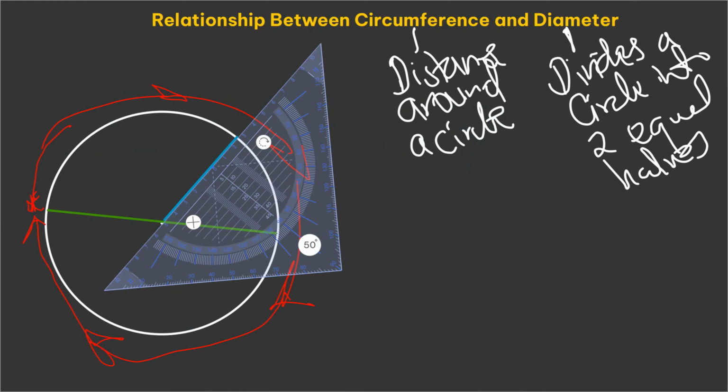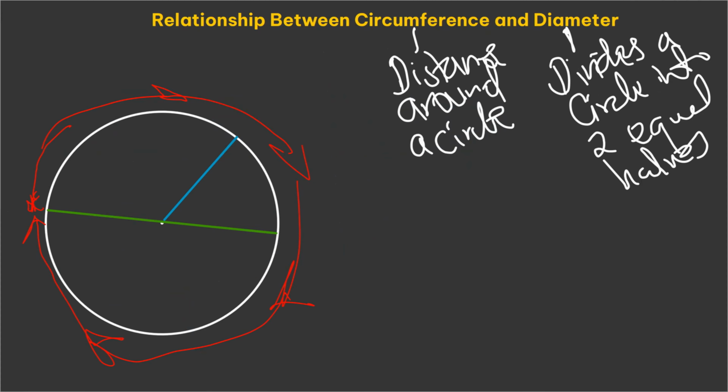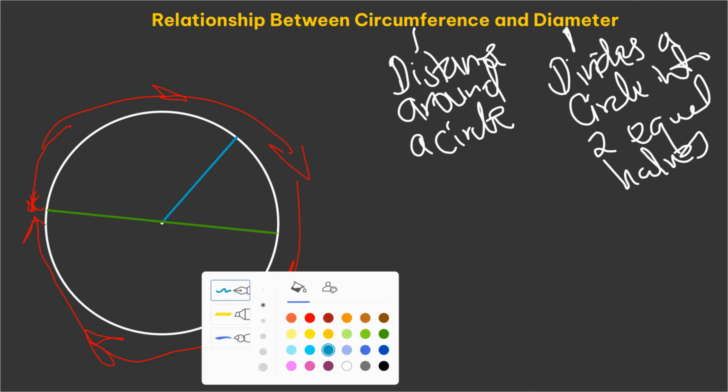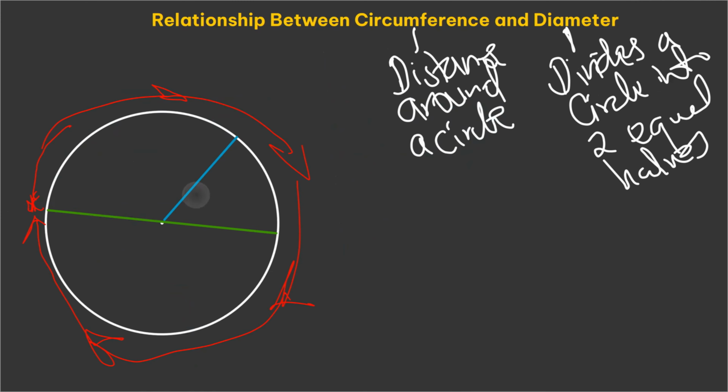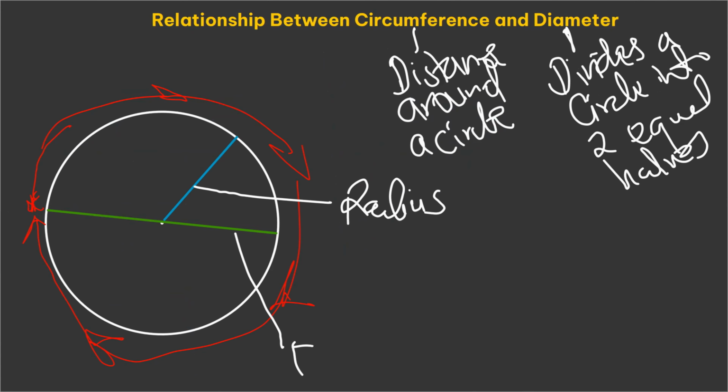That way. So this is my radius. Let's say that this is my radius. Yeah, radius, and this is my diameter.